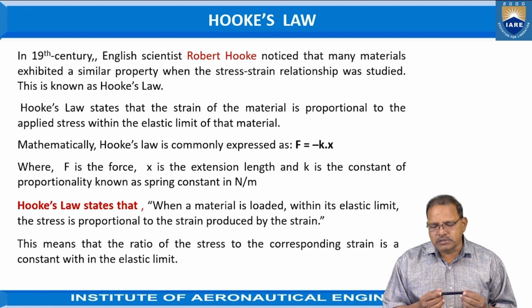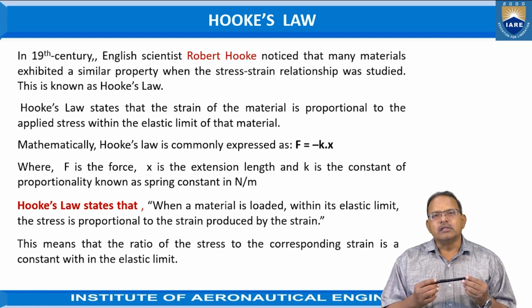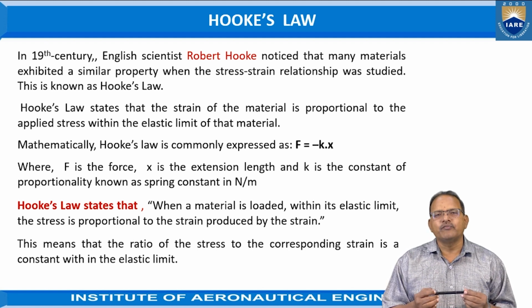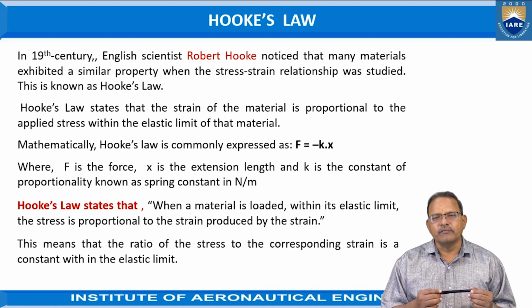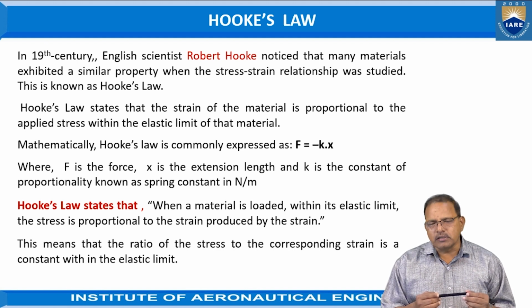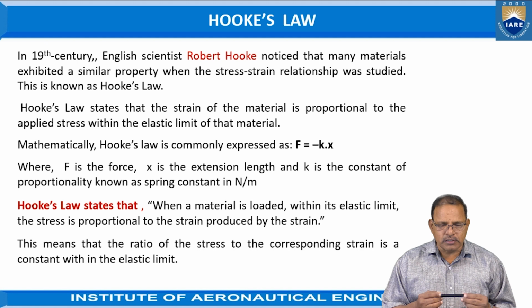For all objects, there is the stress strain relation. Stress is the ratio of force to the area of cross section, and strain is the change in length to its original length because of the application of the load. Hooke observed that the stress strain relationship is almost the same for most materials.